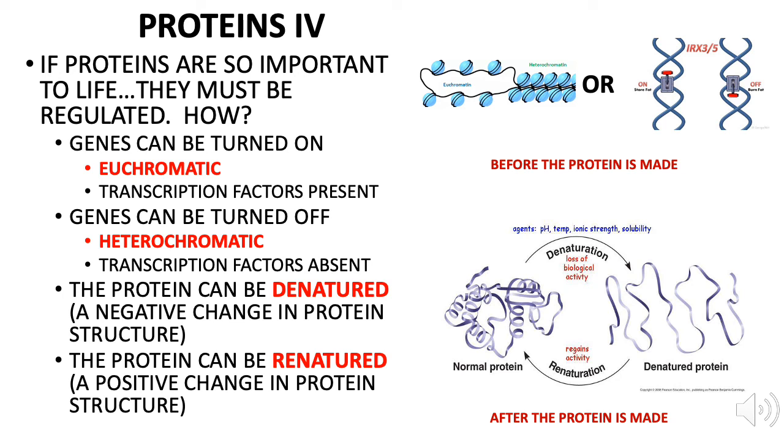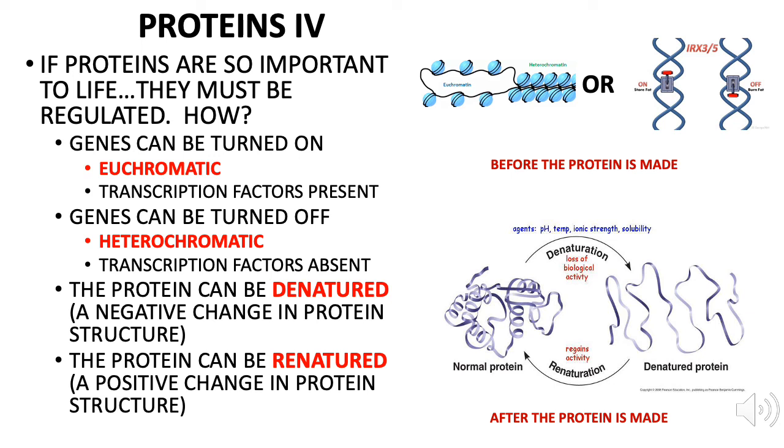If you take a look at the illustration at right, you will see a normal protein, and you'll see its denatured form, and you will see the denaturation arrow indicating the process of denaturation, and you will see an arrow indicating the process of renaturation. And since I didn't mention it specifically before, I suppose I should say that renaturation is a positive change in protein structure.